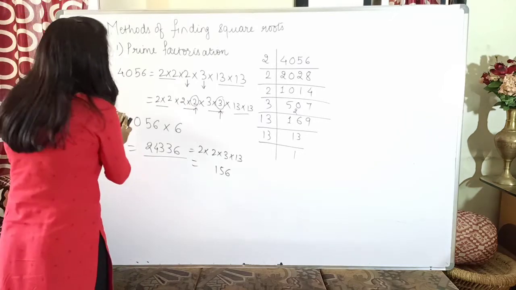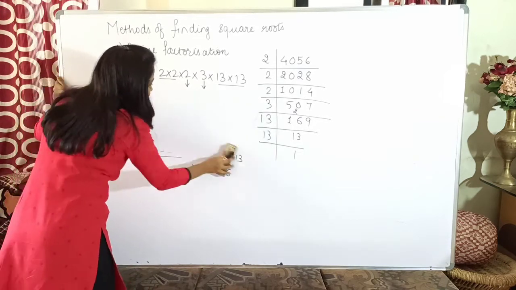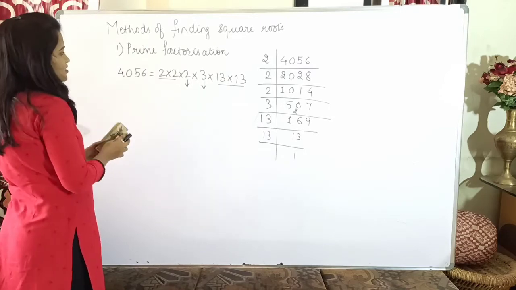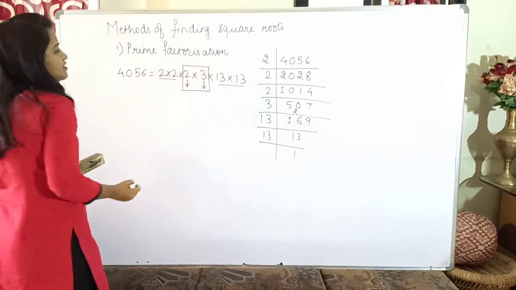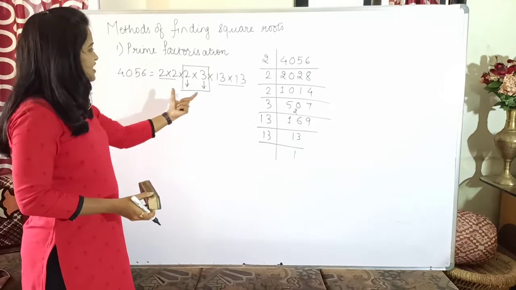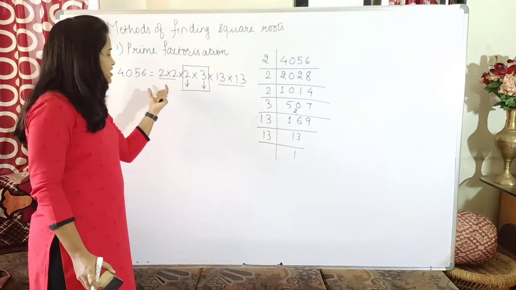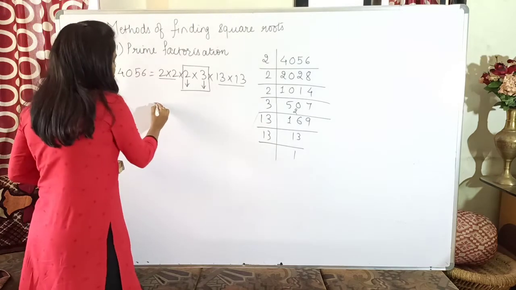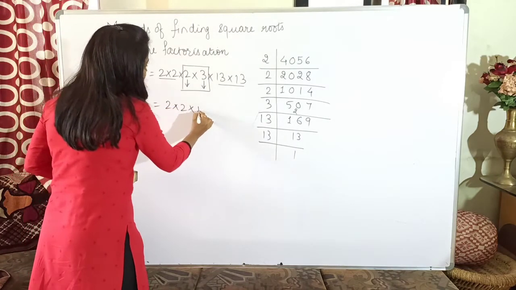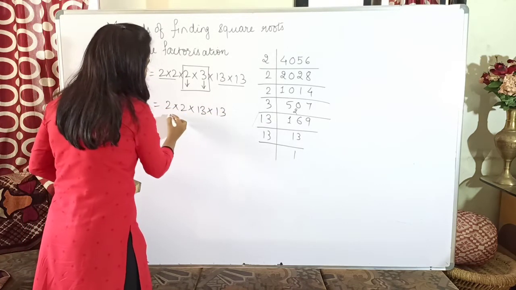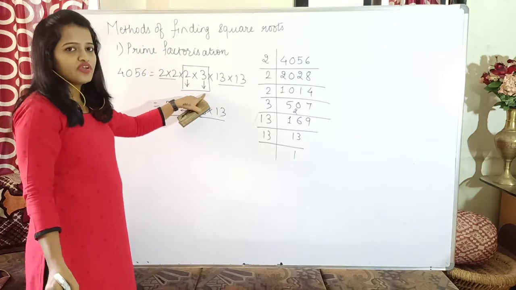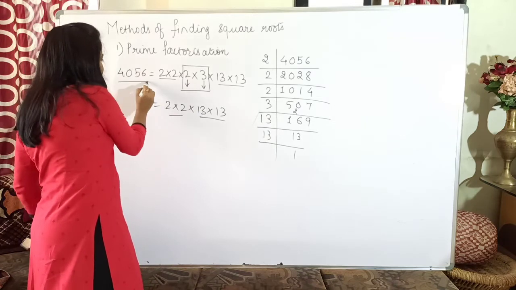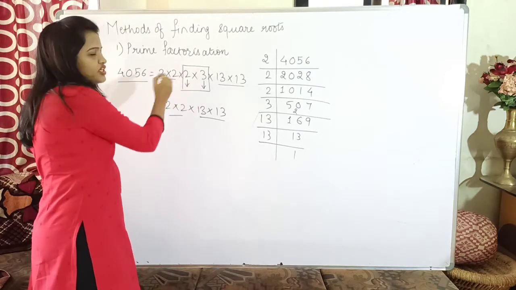Now what is it? Here 2 and 3 are the two factors which are not having their pair. So definitely if I remove this 2 and 3, the given number will be 2 into 2 and 13 into 13. So this will be a perfect square, isn't it? If I have to remove 2 and 3, I will divide the given number by their multiplication.